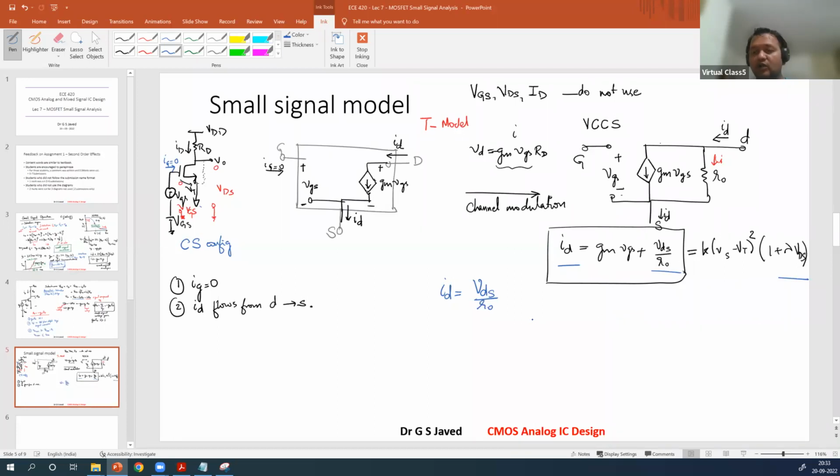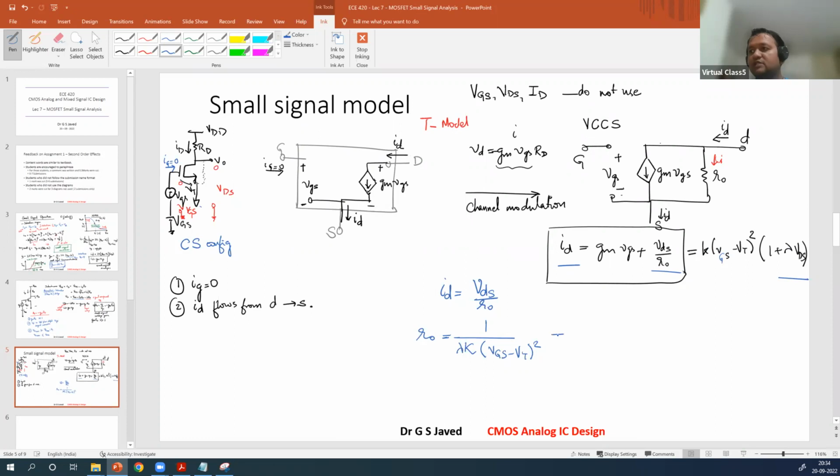Now this R0 is defined as output resistance. What is the output resistance? R0 is equal to 1 over lambda times K, using this value, lambda times K (VGS minus VT) the whole square, times VDS. So that goes there.